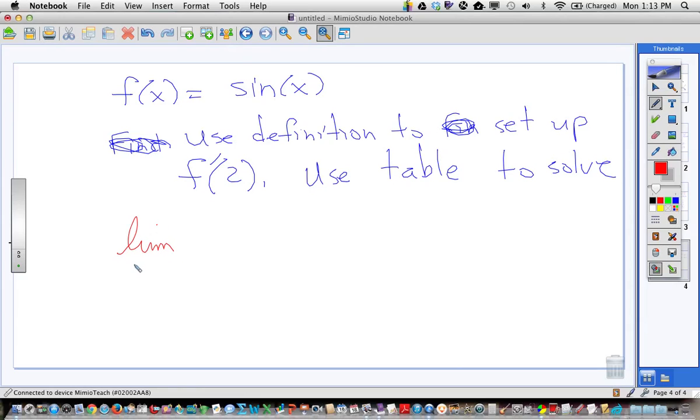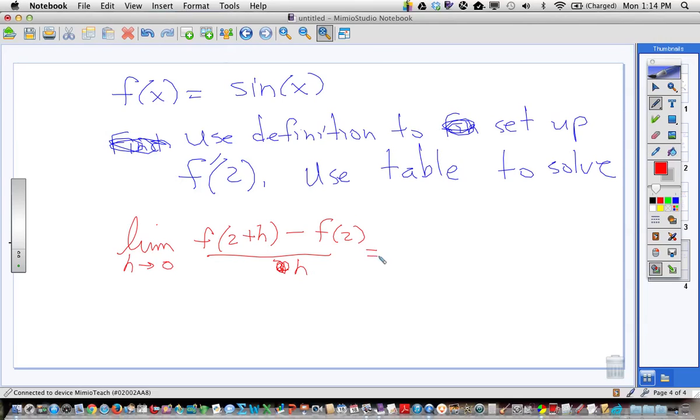Tell me what to put. Well, let's set it up with h, because that's the definition of the derivative, it uses h. Now let's be careful here. Let's use the f notation first. I could skip that. You're right. f of 2 plus h minus f of 2 all over h. And you could even use x if you wanted and then put your, oops, not 2, h.